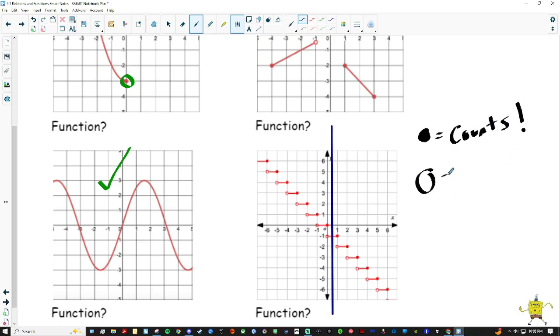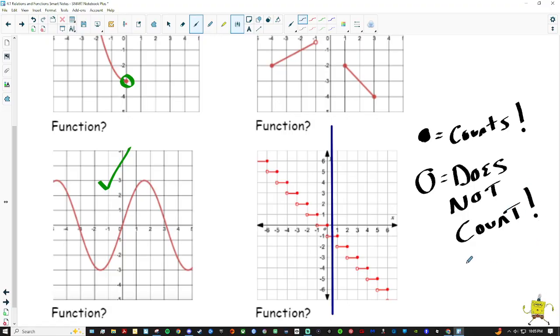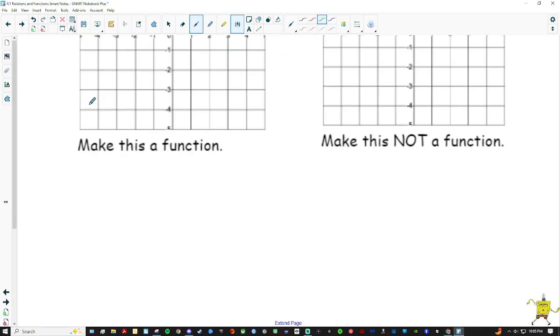A hole does not count. So this is a function. A hole does not count as a hit. A solid point does count as a hit.